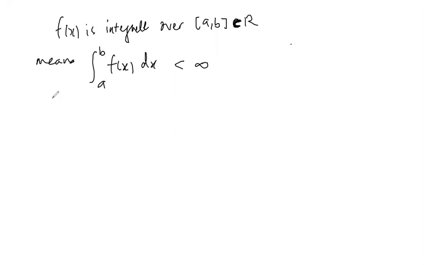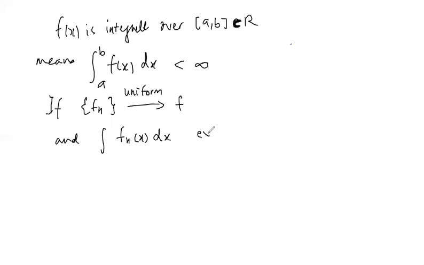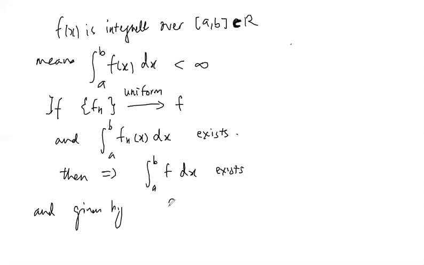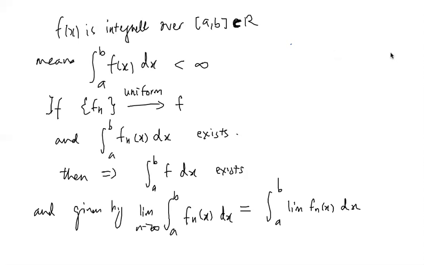So basically, if this is uniformly convergent, and the integral of f_n over, let's say, [a, b] exists, then this implies that the integral of the limit also exists, and is given by this interesting result: you take the limit of the integrals, which is equal to the integral of the limit. So this is an important result.